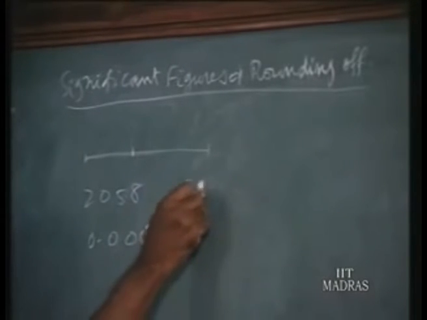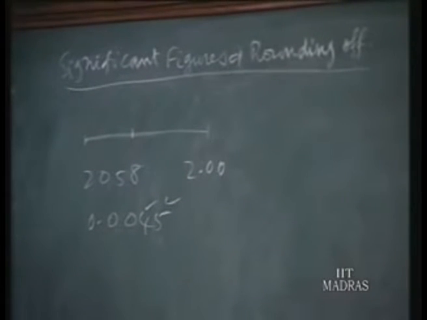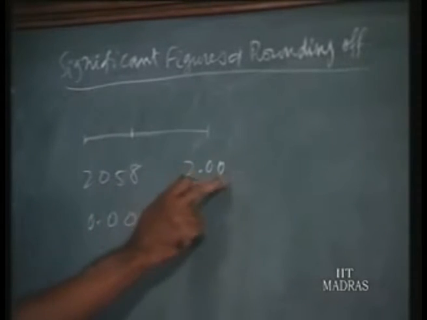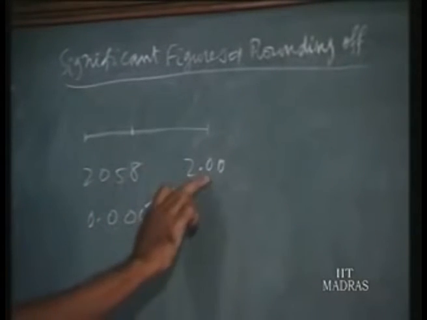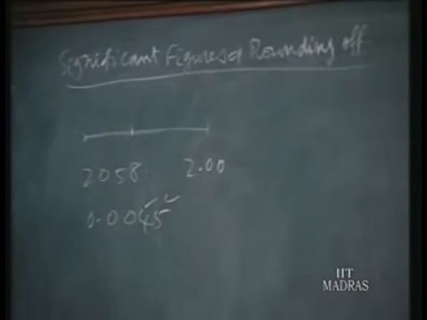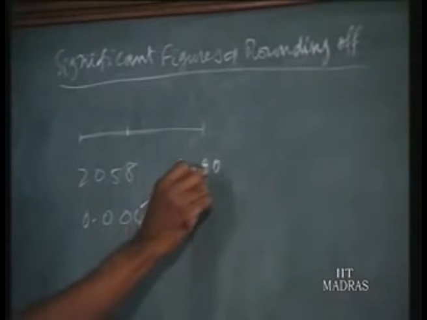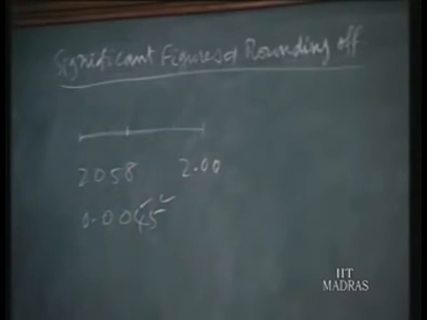Suppose we write 2.00, just like some readings in our calibration process, where we have written 0, 0 to indicate that the readings in a particular measurement are 0. To indicate that, you have to write 0, 0, so that we know the instrument is measuring up to the second decimal. So here the 0, 0, even though the value is 0, represents something, so they are significant.